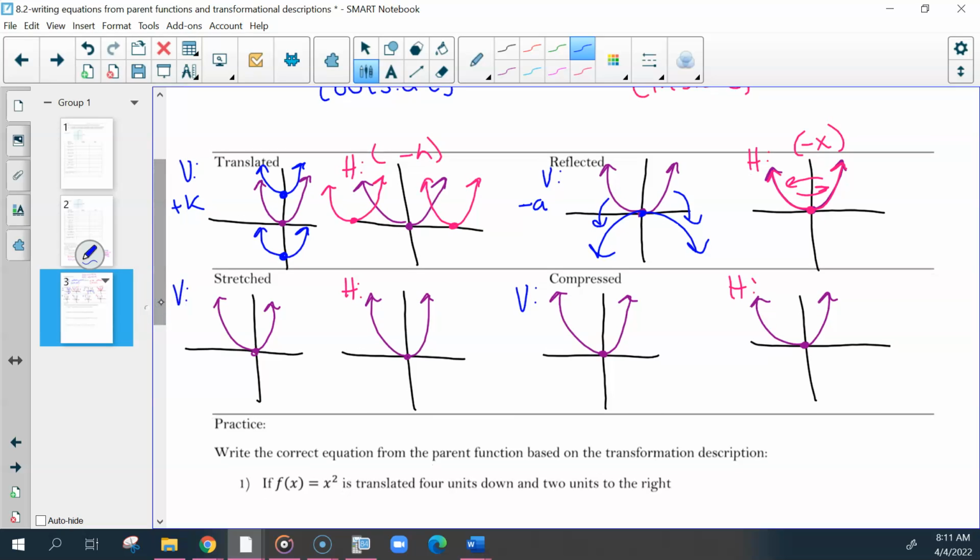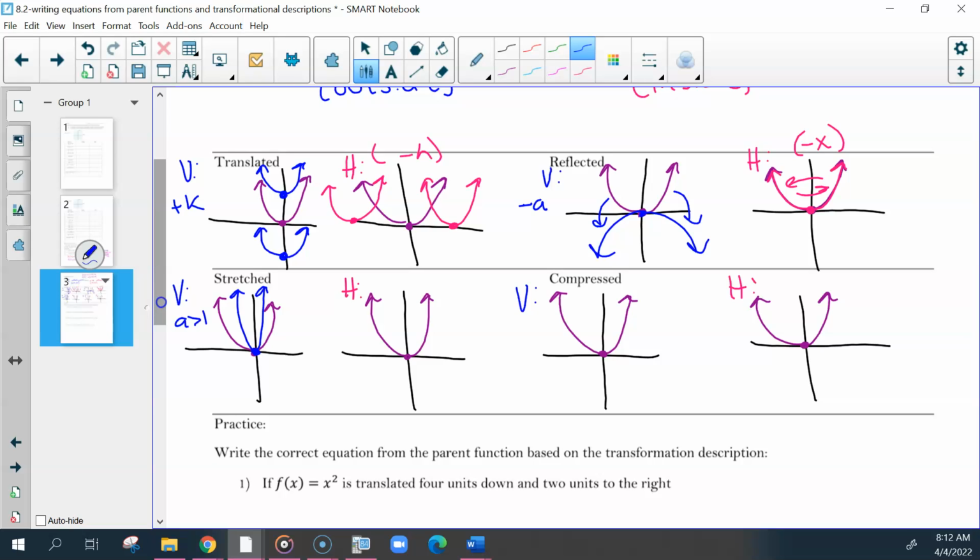So if we have something that's vertically stretched, you know it gets narrower. I'm just going to write this, and then I'll explain what it is. This is A greater than 1. I was thinking compressed.